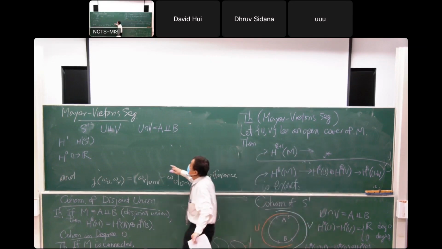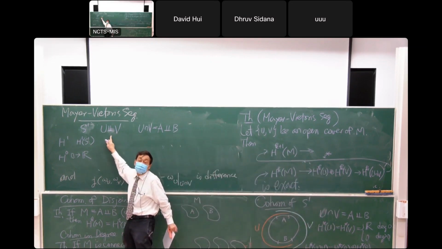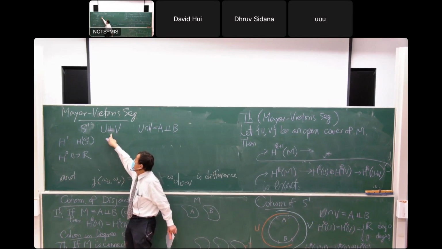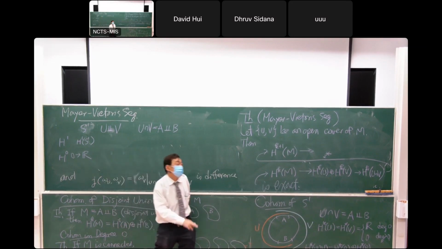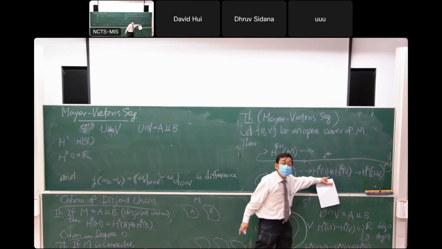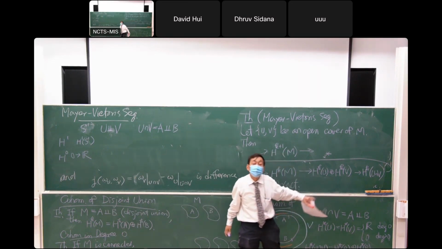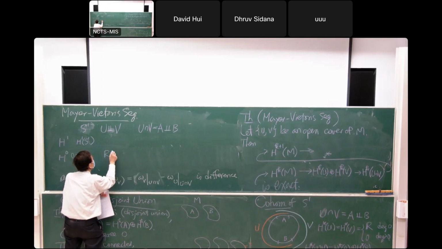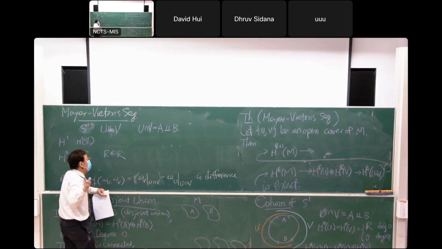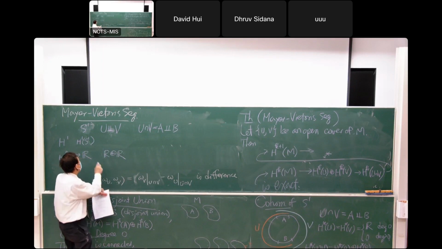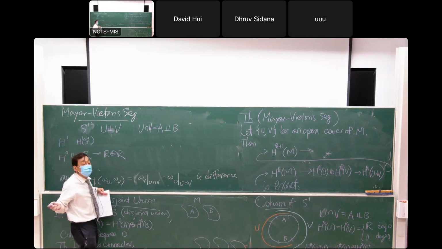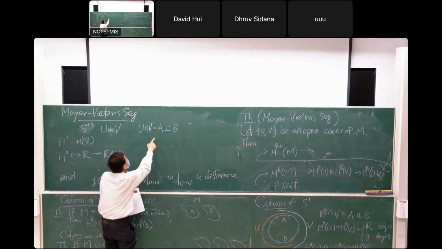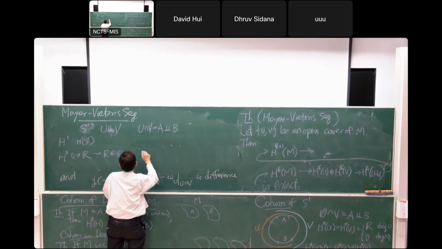So that's why I write a disjoint union here. Because then when I take the cohomology of the disjoint union, I will get this direct sum, okay? So in degree 0, it should be R plus R. But that's a very good question, and I'm glad you asked. And then here, again, it's a disjoint union. So here it's R plus R.